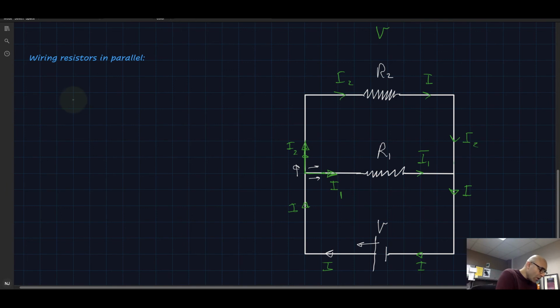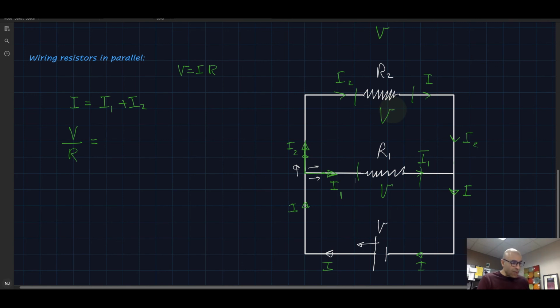Now we know that I is equal to I1 plus I2. I, which is the current, according to Ohm's law, V equals IR, so I is equal to V over R. Now something you should also know about connecting two things in parallel: if this is the voltage of the battery, the voltage across this is actually the same as the voltage of the battery, and the voltage across this element is also the same.